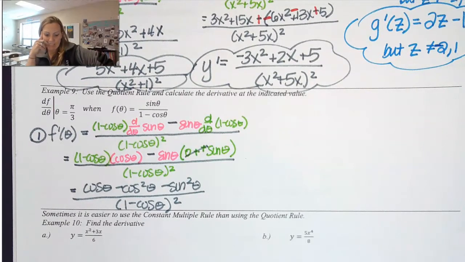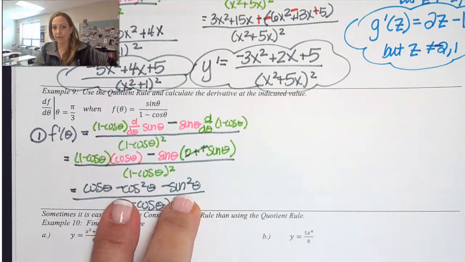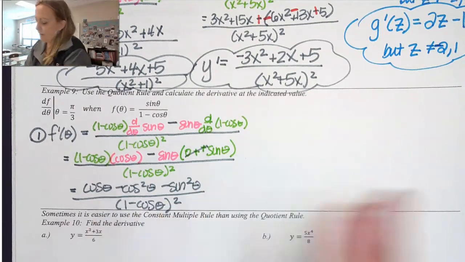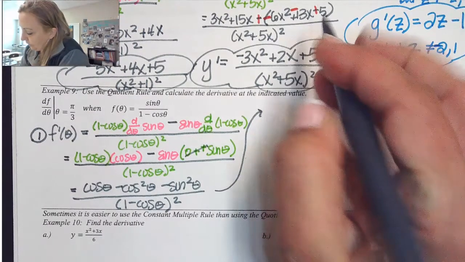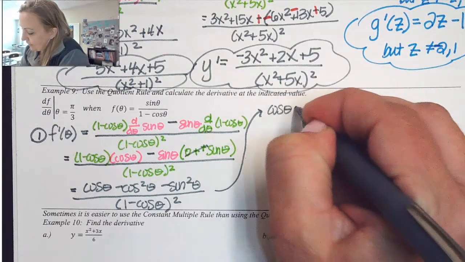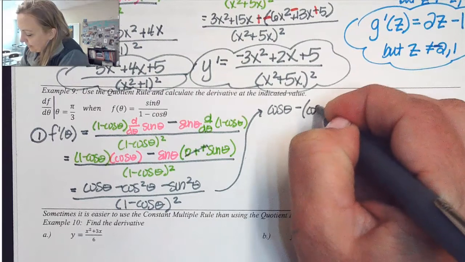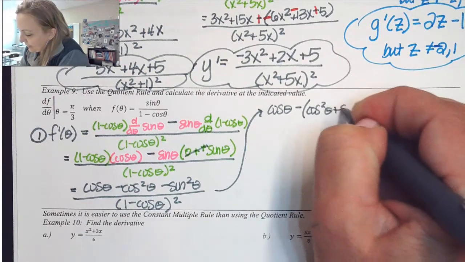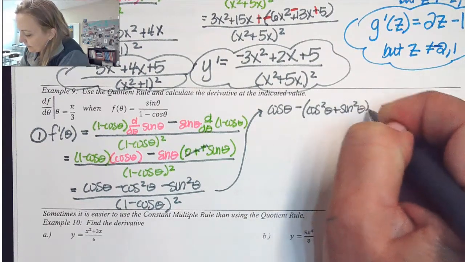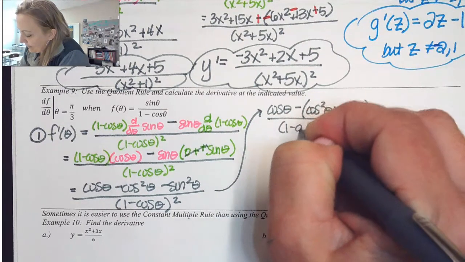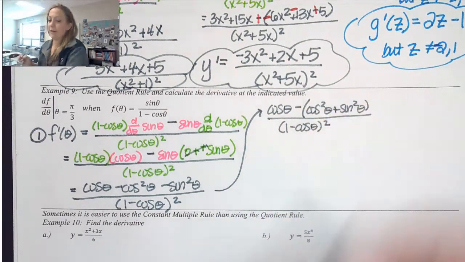There are a couple things that I might be thinking of here. Remember that we used a double angle formula earlier, but notice that these both have the same sign. So maybe we could factor out a negative from those and get cosine square theta plus sine square theta over 1 minus cosine theta quantity squared.